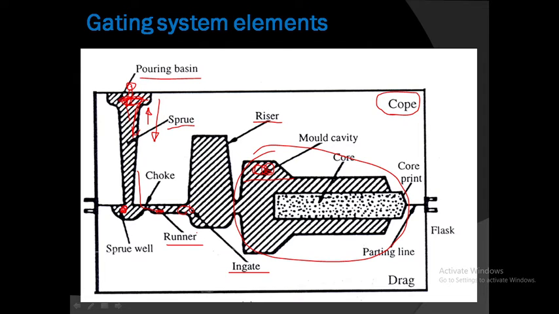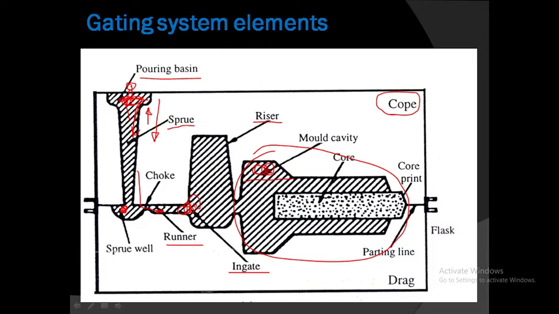Okay, and here we see a casting which solidifies slowly may be provided with a small ingate, but a casting which is solidifying at a fast rate must be provided with a large size of ingate.